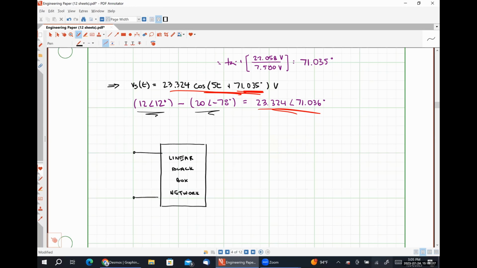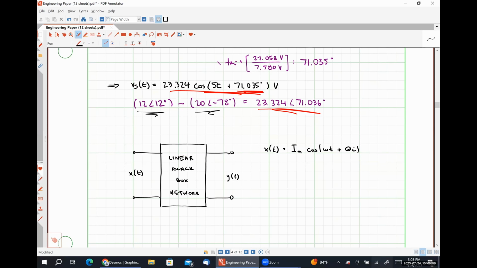This is where we're going to apply our input signal, and just for the sake of argument, let's call that input X of t. And over here to the right is where we're going to measure our output. Let's call it Y of t. And let's say that our input X of t is a sinusoidal current, Im cosine omega t plus some phase angle theta I.